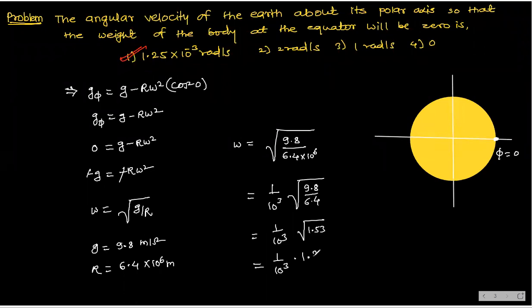Square root of 1.53 is 1.23. So omega is equal to 1.23 into 10 to the power minus 3 radian per second.